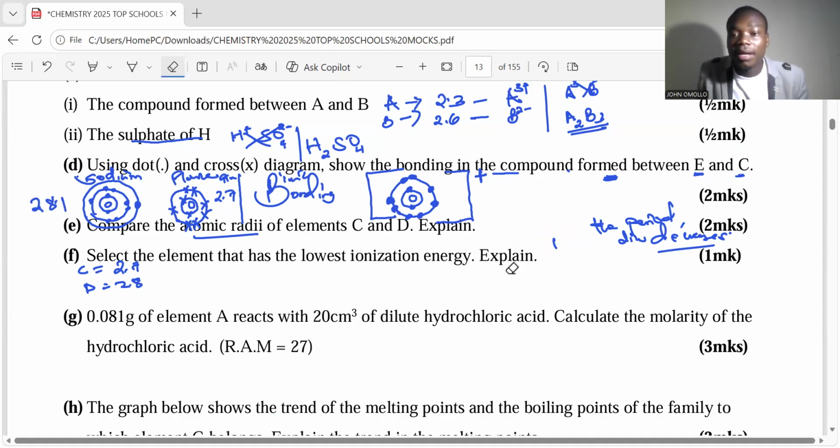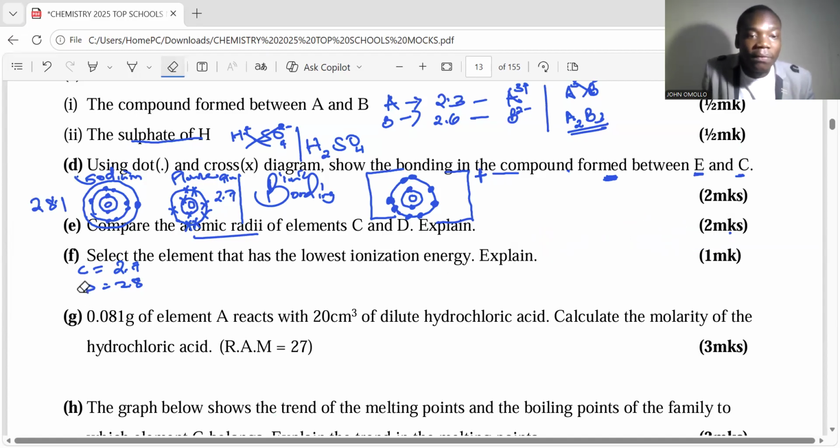So for us to explain, let me compare first and then explain. That is what the question wants. Compare the atomic radius, or atomic radii, of C and D. Radius when it is one, radii when there are two or more. Are you getting that? So that is the plural. Atomic radius is the distance from the nucleus to the outermost energy level.